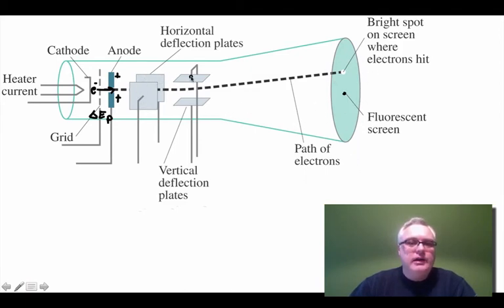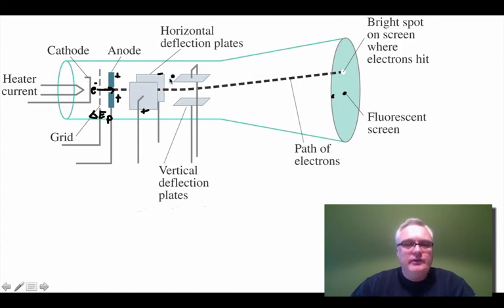So we use two more sets of parallel plates. These ones here are the horizontal plates. If this plate here was positive and this one was negative, the electron would be attracted towards the positive plate, and the electron would steer towards this side of the screen. Rather than being at the center, it would steer to this side.